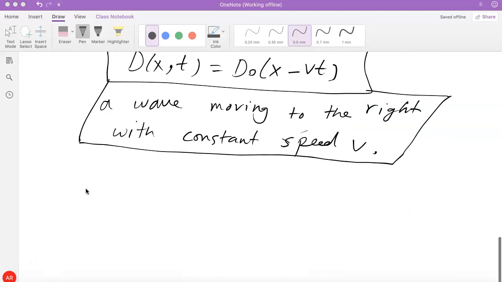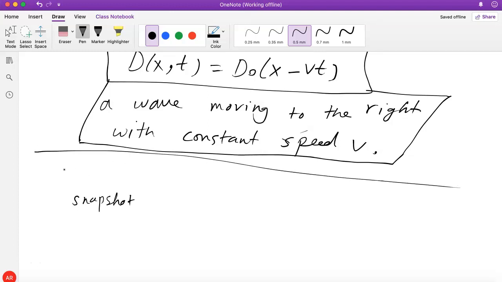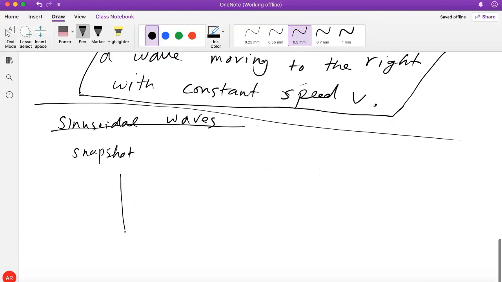So let's take one snapshot that looks maybe like this.